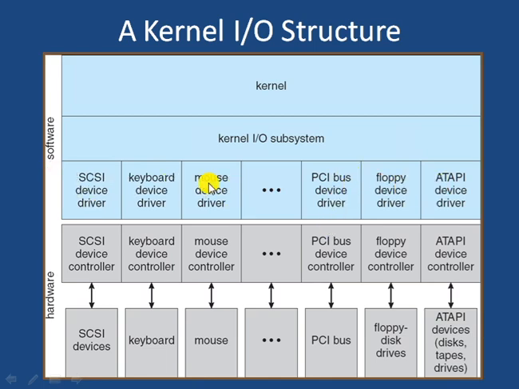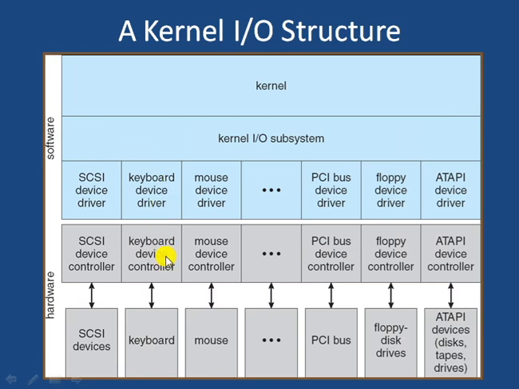Your operating system, through the I/O subsystem, communicates to the device drivers. These device drivers communicate to the device controllers, and the device controller gives commands to the particular devices attached to the ports.